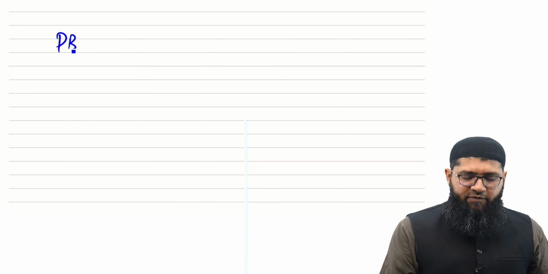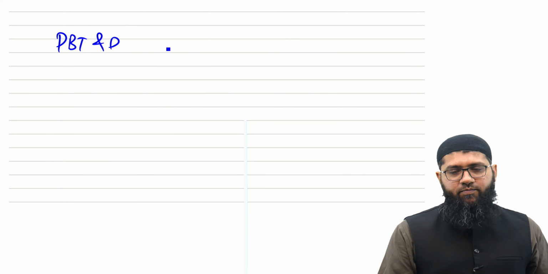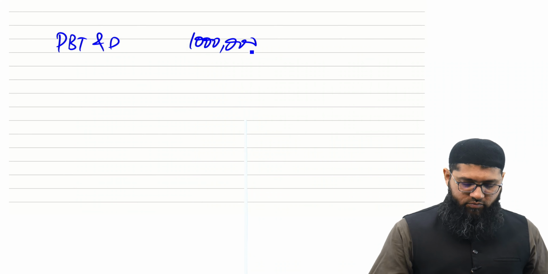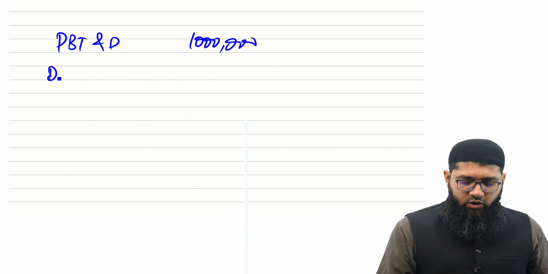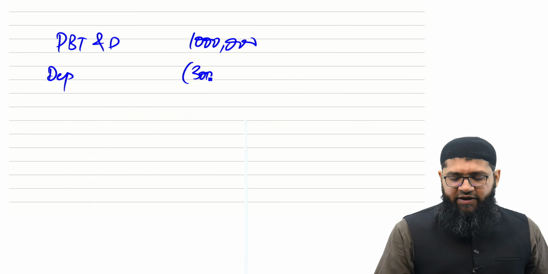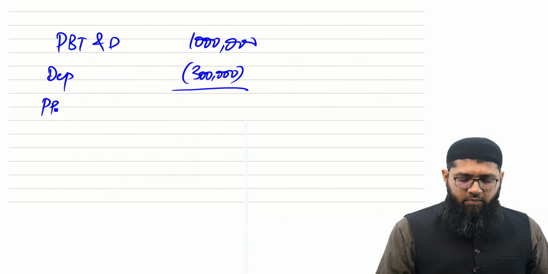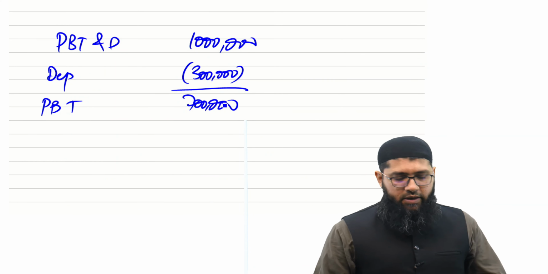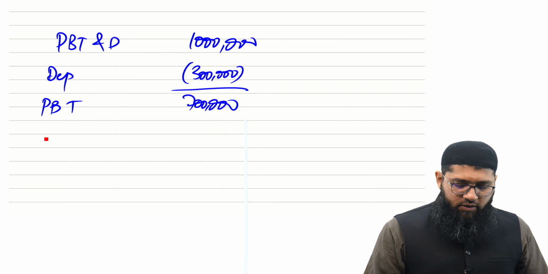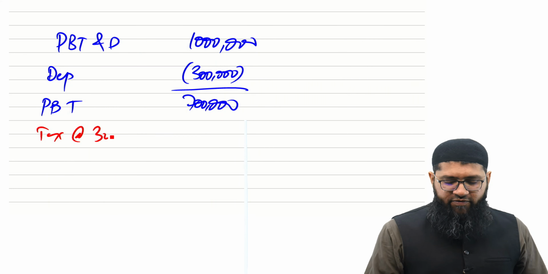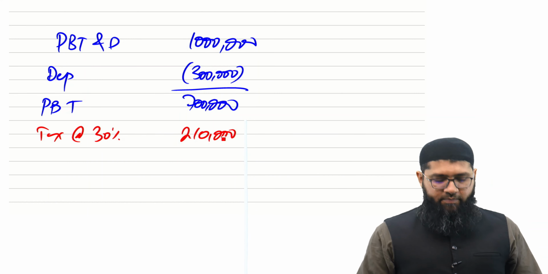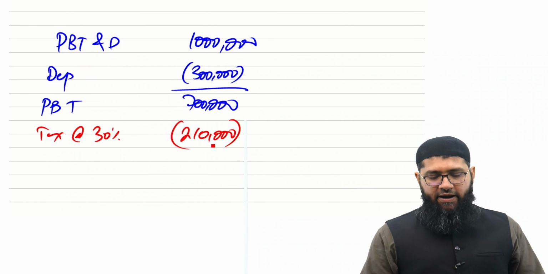Let's say you have profit before tax and depreciation of 1 million. Then you have depreciation of, let's say, 300,000. So you have profit before tax of 700,000. Now, if there is a tax of 30%, you have 210,000 as the tax which needs to be deducted.